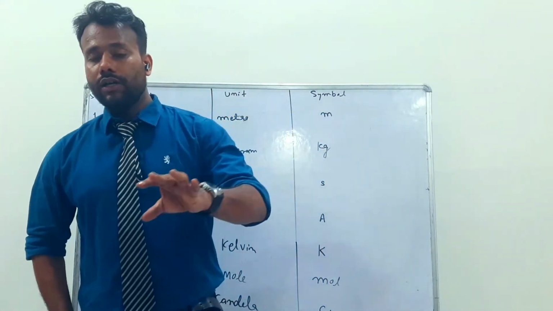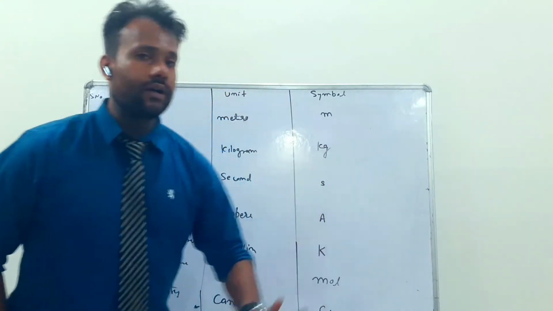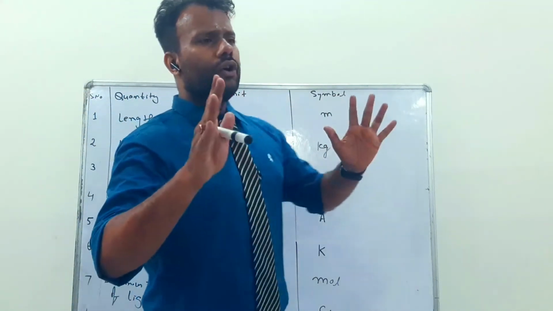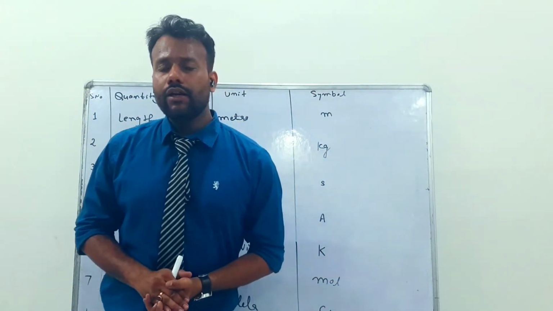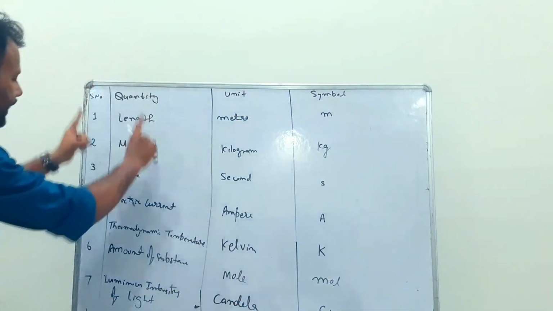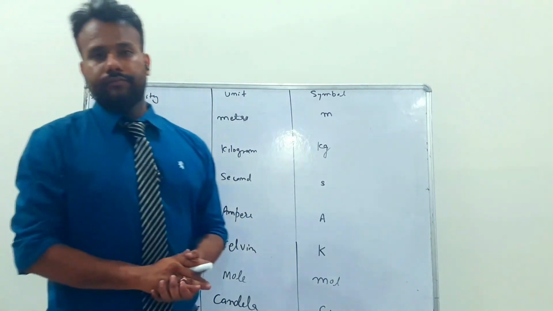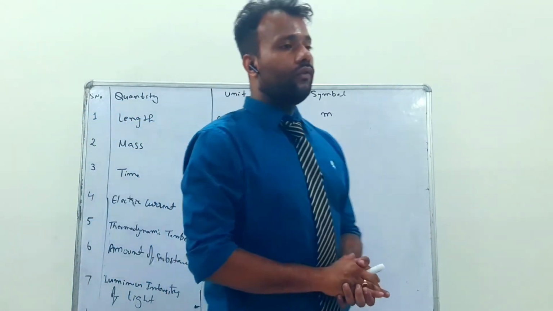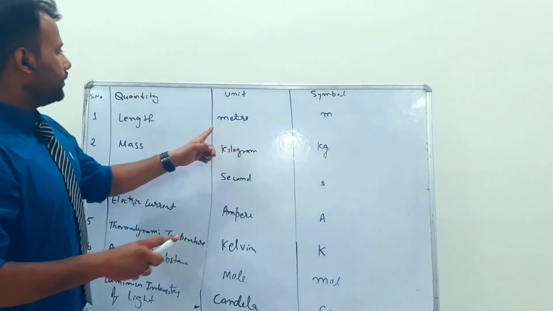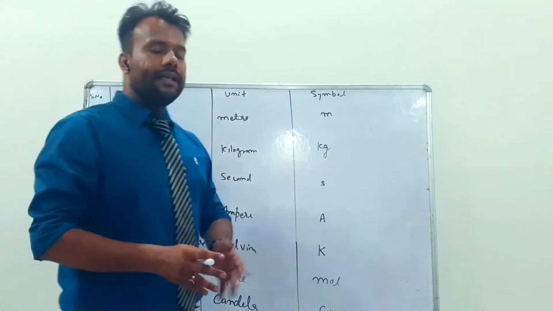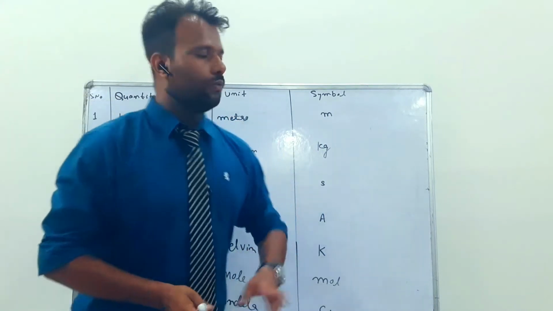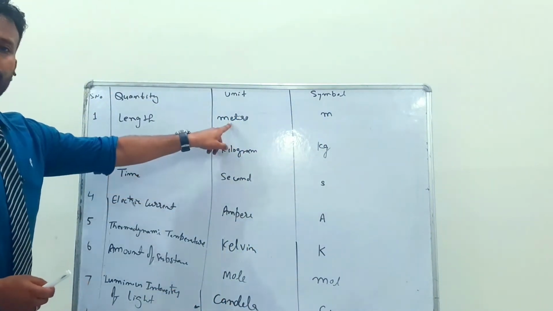Other than these quantities, there is no quantity which is fundamental. That means you can say there are thousands of units in physics, right? All the units are basically derived from these 7 units. For example, the unit of volume, that is meter cube, is derived from the meter. The unit of density, that is mass upon volume, that is kg per meter cube, again kg and meter.